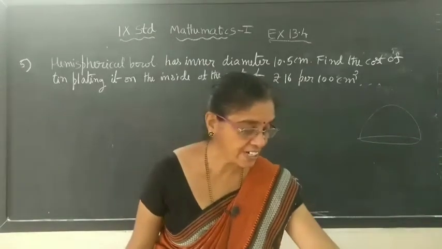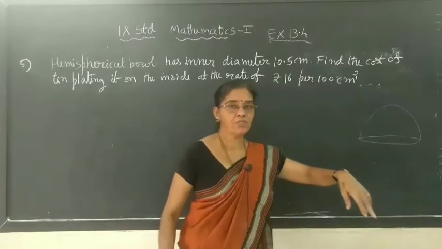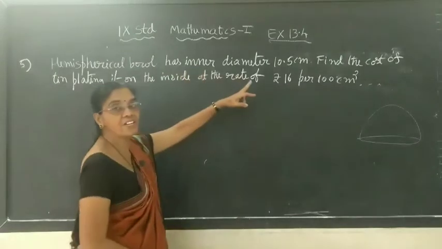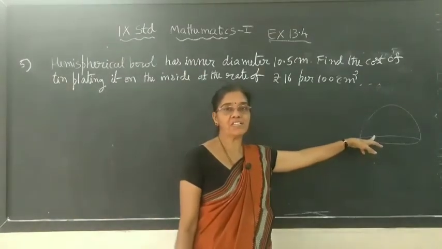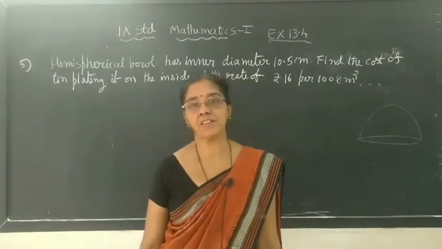So to avoid that, they want to plate it with tin. Now what is the diameter of this one? It is 10.5 centimeter, the diameter of this hemispherical bowl.